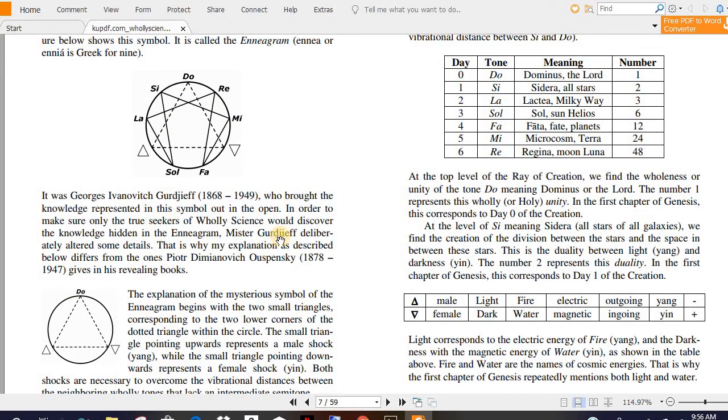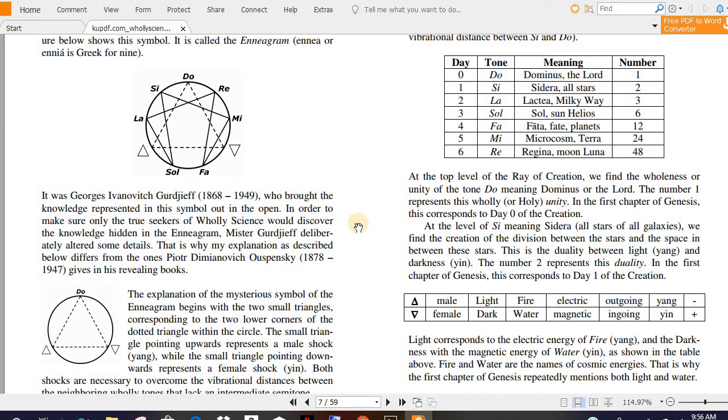Amazing. It was Georges Ivanovich Gurdjieff who brought the knowledge represented in the symbol out in the open, in order to make sure only the true seekers of holy science would discover the knowledge hidden in the Enneagram.